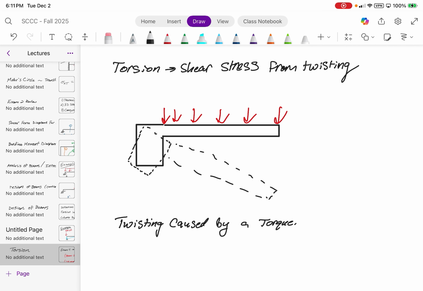So applying this, what we end up getting when we plug in that gamma equation is that we can calculate the shear stress in terms of the shear modulus times the radius times the angle of twist divided by the length.